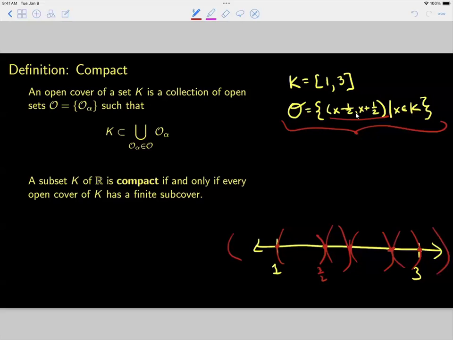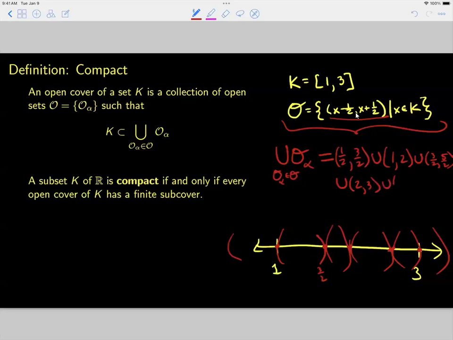So what I do is I realize the union of the O sub alphas, if I take this union, in fact is equal to just the union of the interval (1/2, 3/2), (1, 2), (3/2, 5/2), union (2, 3), union (5/2, 7/2).